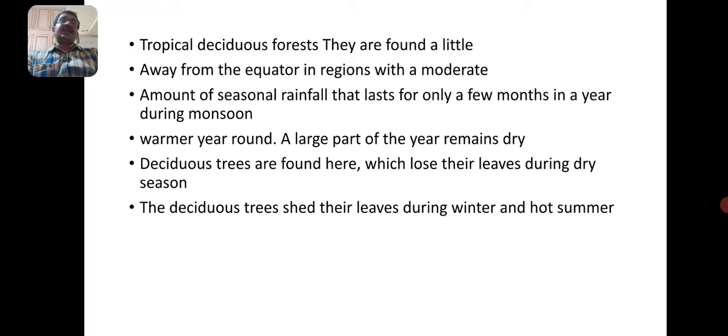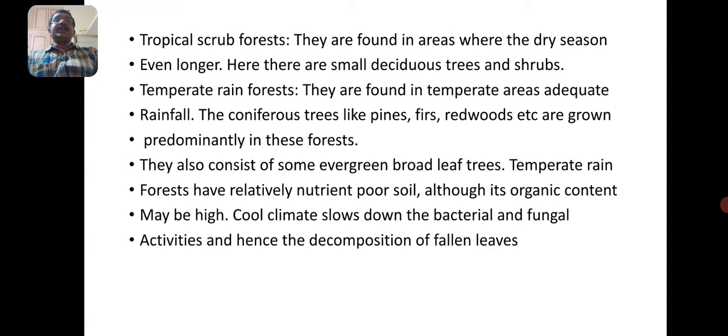Deciduous trees are found here, which lose their leaves during the dry season. The deciduous trees shed their leaves during the winter and hot summer. The tropical scrub forest is found in areas where the dry season is even longer. Here there are small deciduous trees and shrubs.